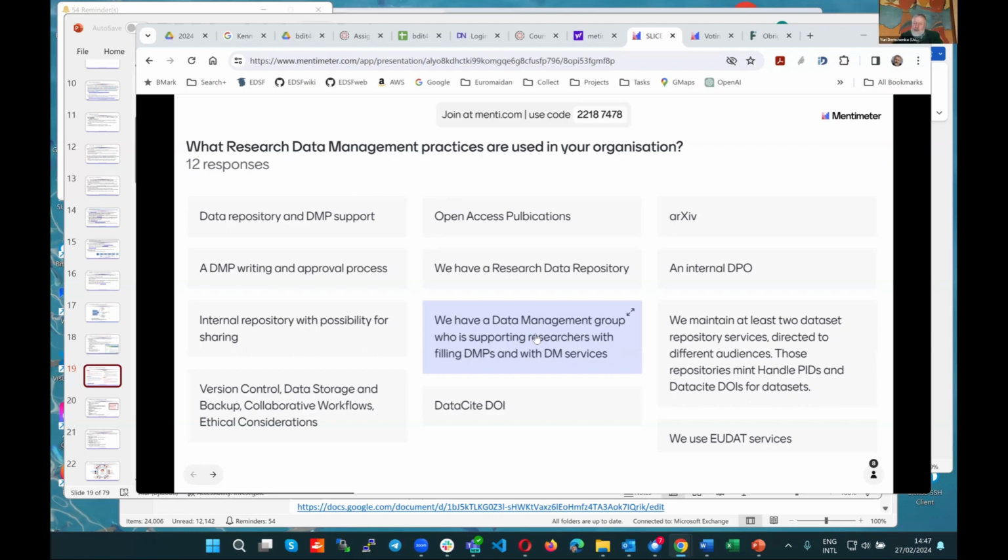Interesting that in Amsterdam, already for 2 years they have established a data steward position.